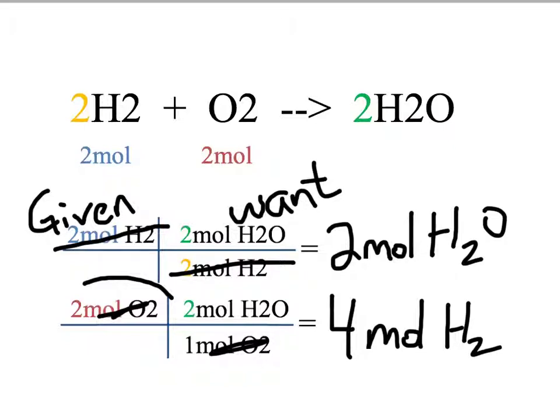Please note that when you compare the 2 cases, you see that hydrogen gas only gives you 2 moles of water, and the 2 moles of oxygen gas actually gives you 4 moles of water.